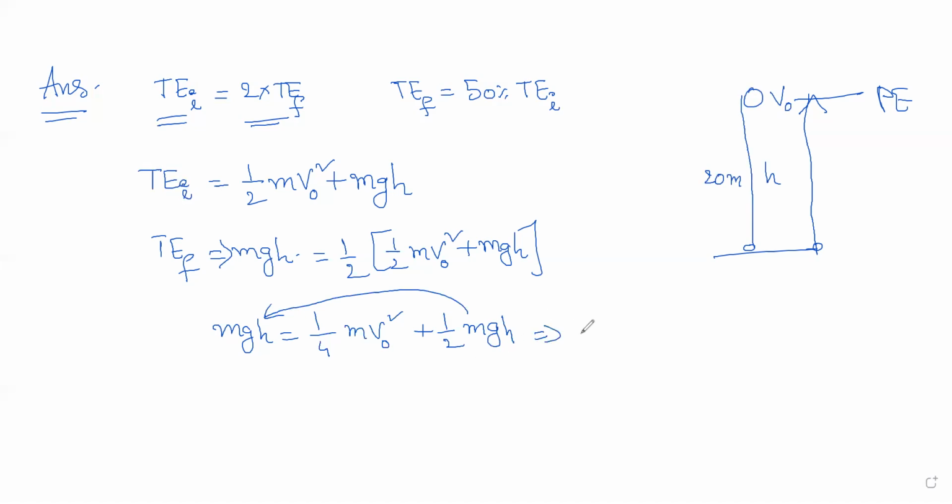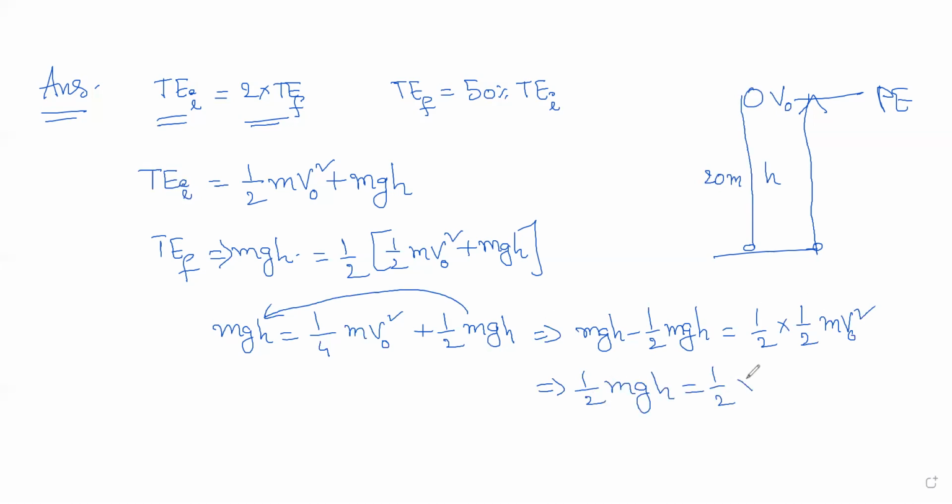So mgh minus half mgh, which is half mgh, is equal to half into half m v naught square. This half and this half are gone, m is gone on either side. So you get v naught square is equal to 2gh, and v naught is equal to the square root of 2gh.